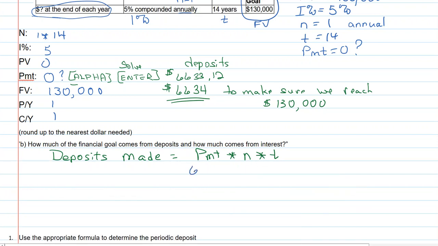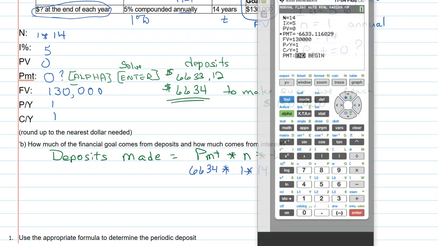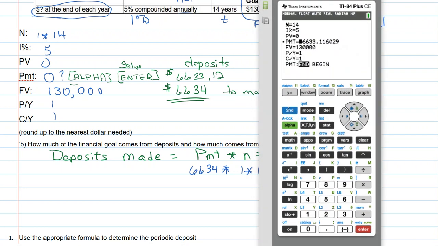So we're saying 6634 times the 1 times the 14. And we're going to use our calculator on the home screen. Um, 92.